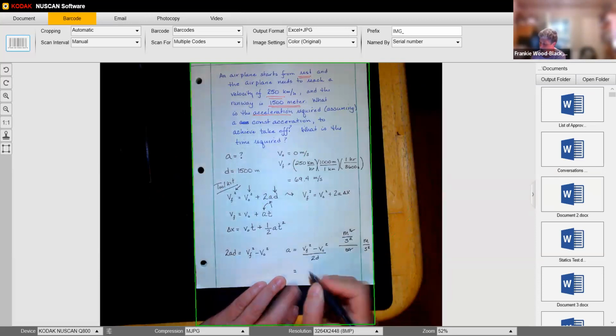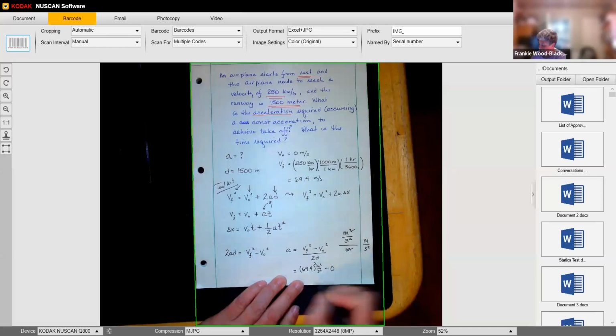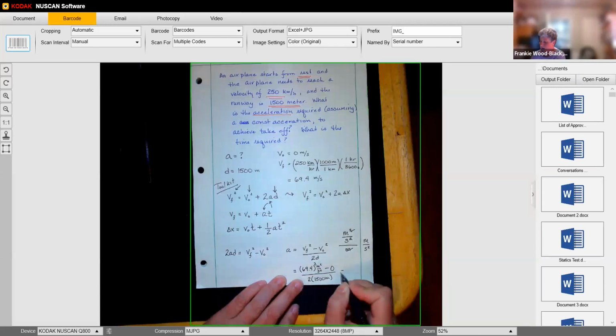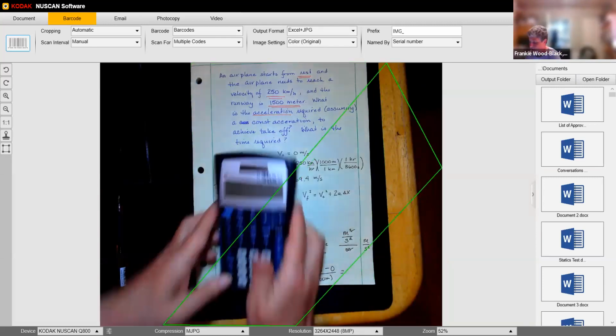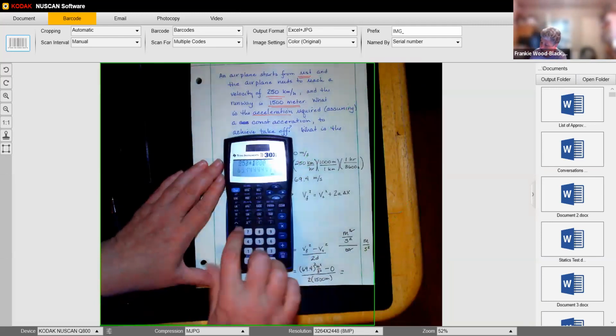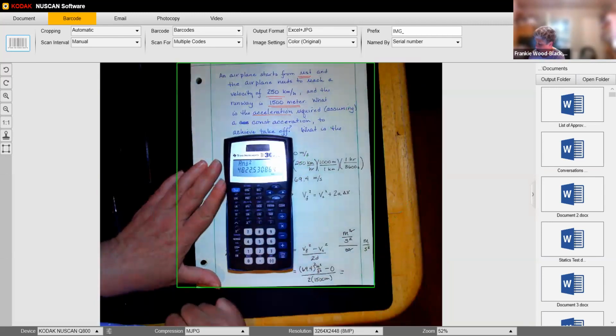So now I can plug in numbers. My final is 69.4 meters per second, squared, minus 0, divided by 2 times 1,500 meters. And now I can plug that into my calculator. I've got that carried, so I'm just going to carry that there. There's my square.